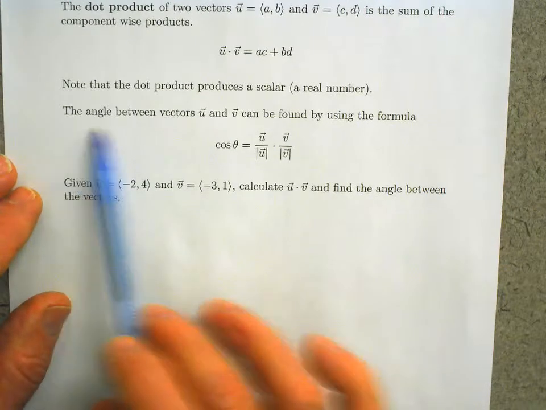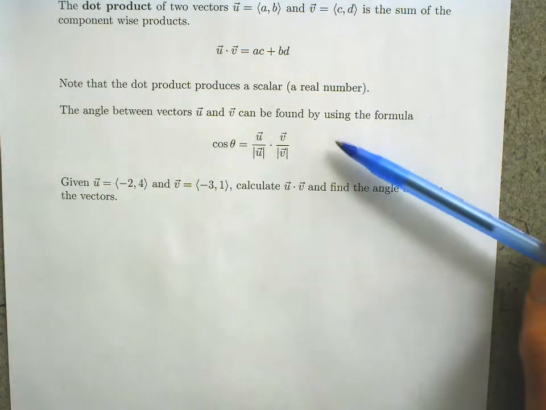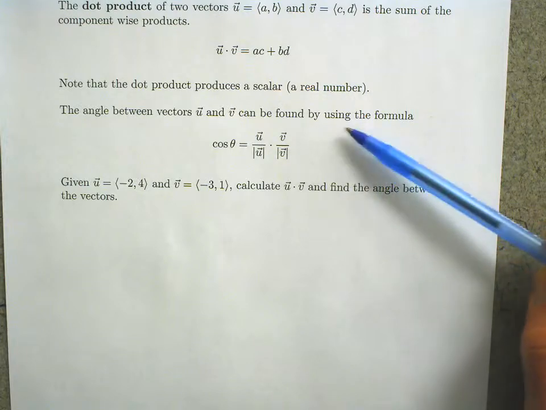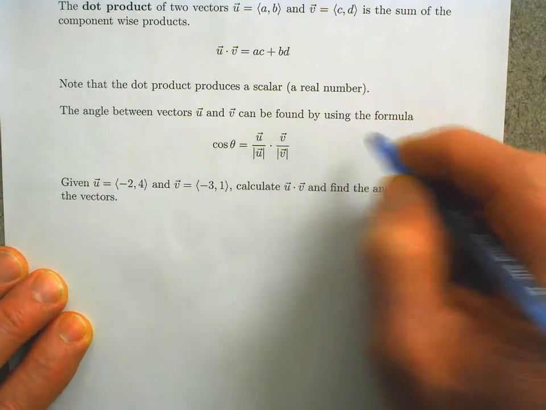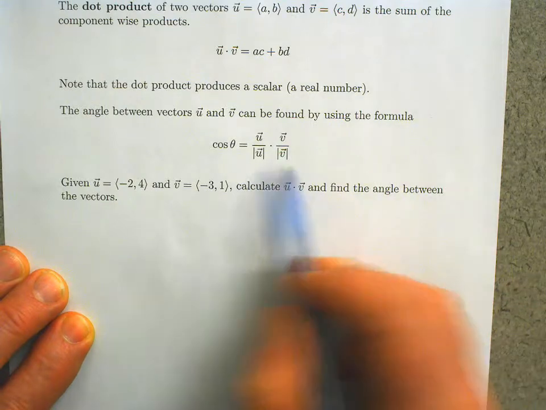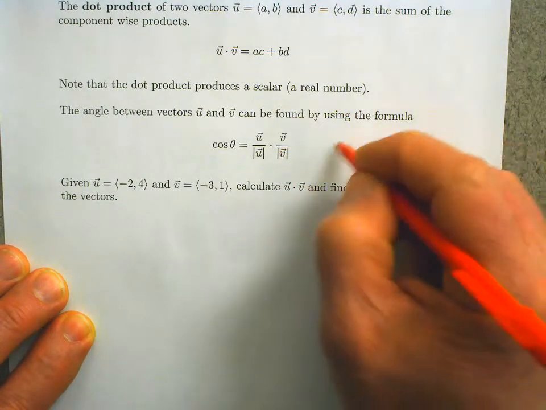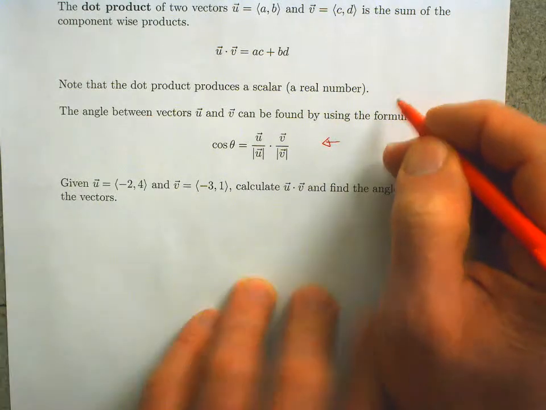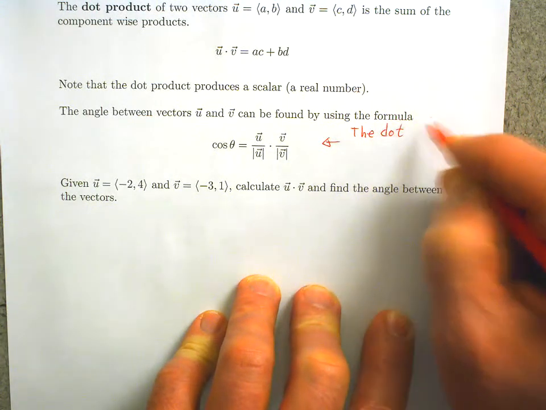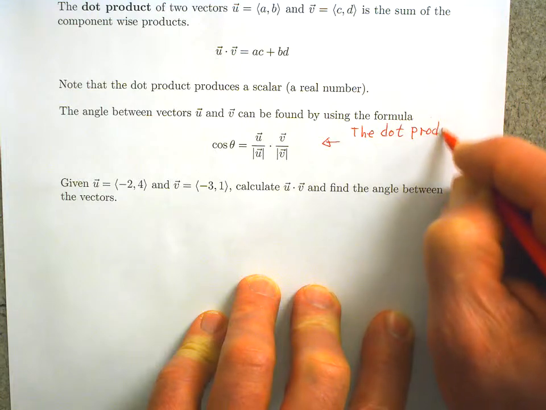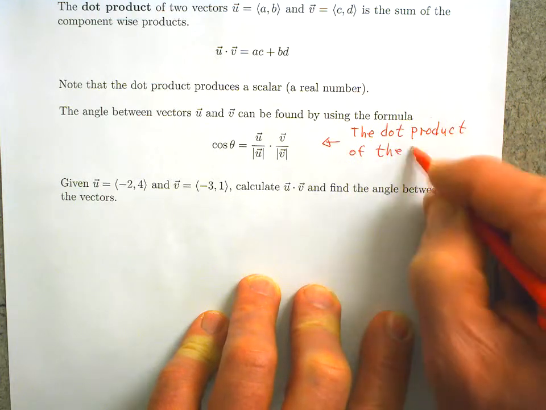Okay, the angle between vectors u and v can be found by using the formula. So in this formula, this is the dot product of the unit vectors.